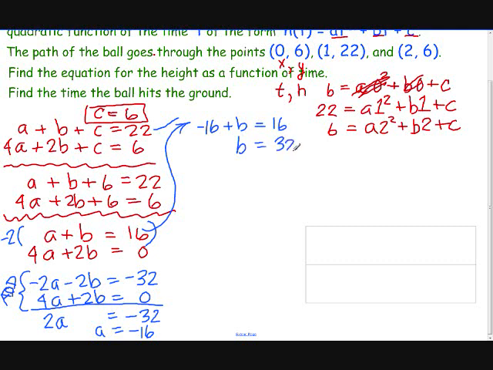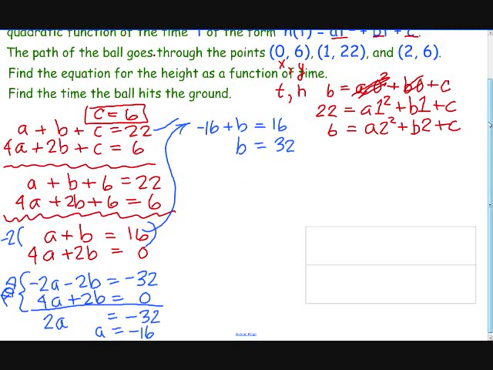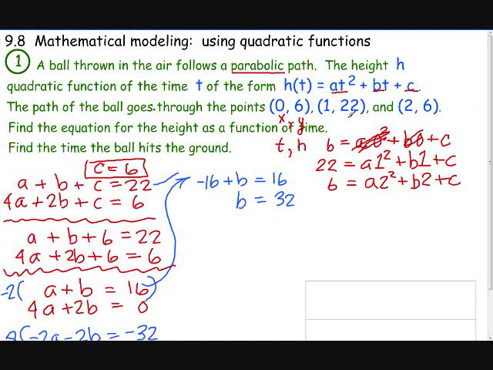Some of you already knew that because you remembered what that equation is. Let me pull this up here. So now I'm going to put in my A, B, and C. My equation will then read like this.